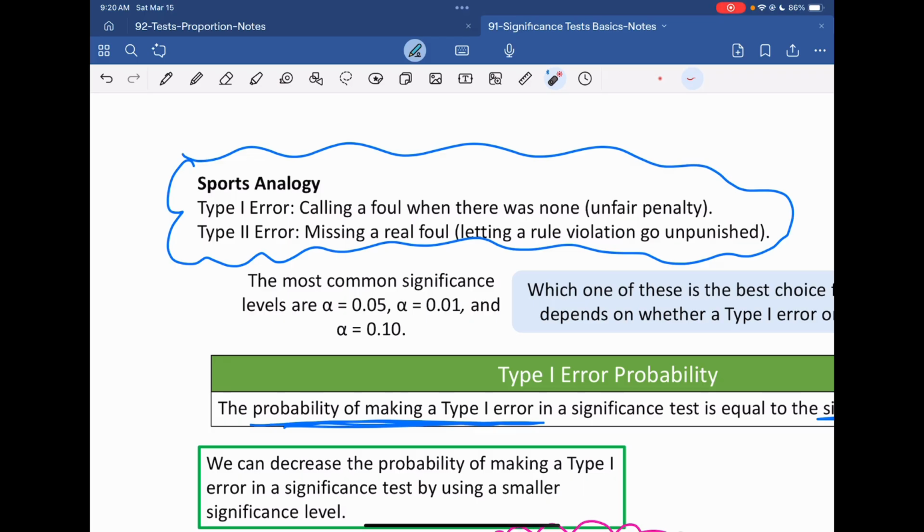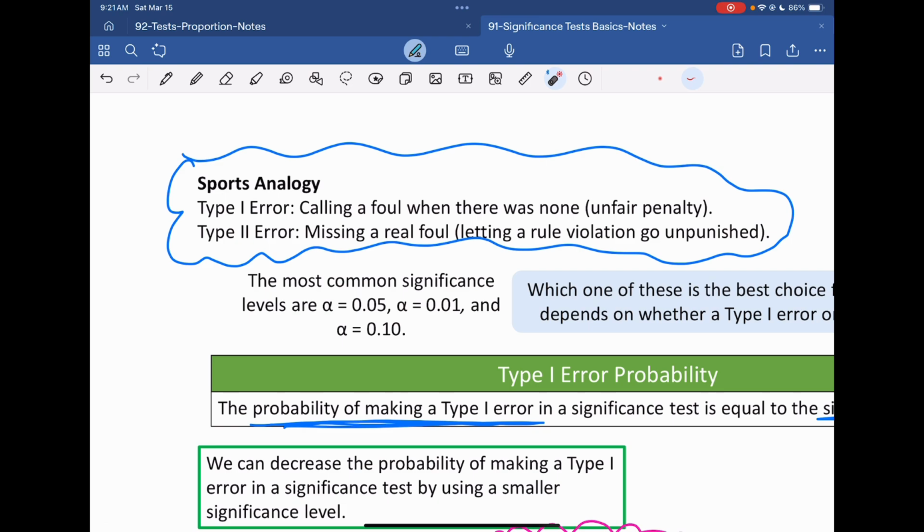In these types of questions, they're going to ask whether type 1 or type 2 is worse in a specific scenario. So you're going to use your judgment call and justify your answer as to why you picked one or the other. Sometimes there are very clear-cut differences and you're like, hands down, type 1 is worse or type 2 is worse.